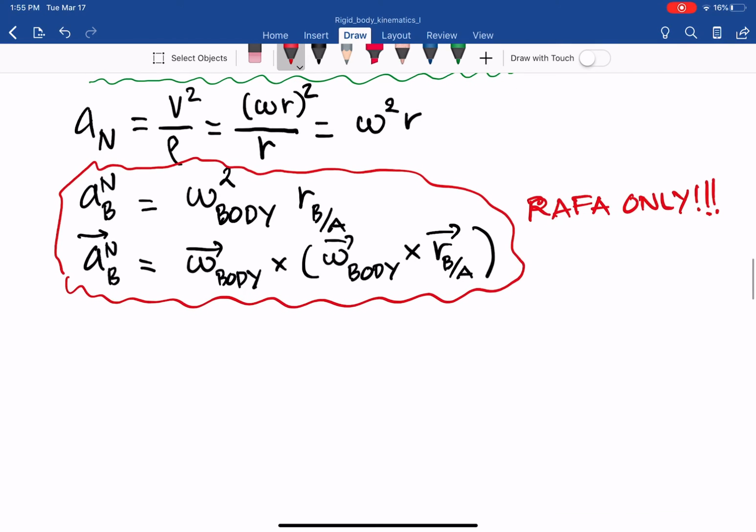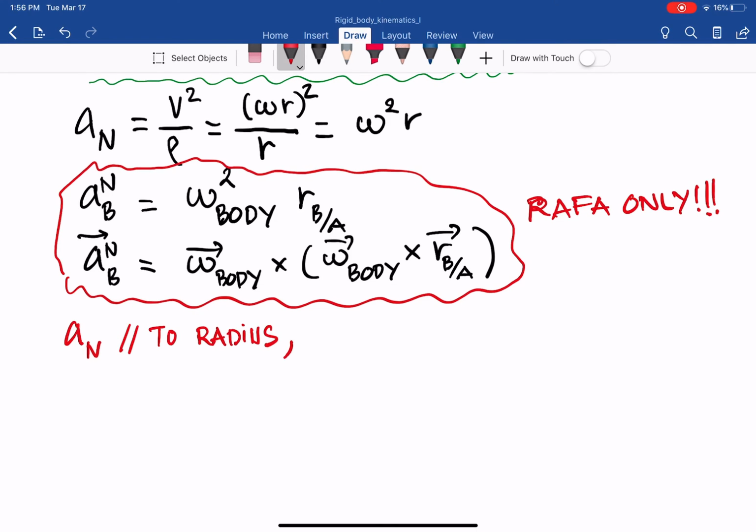And with that, what is the direction for A_N? We already learned that in particle kinematics. A_N will be parallel to the radius, parallel to the radius, and point to the fixed axis.